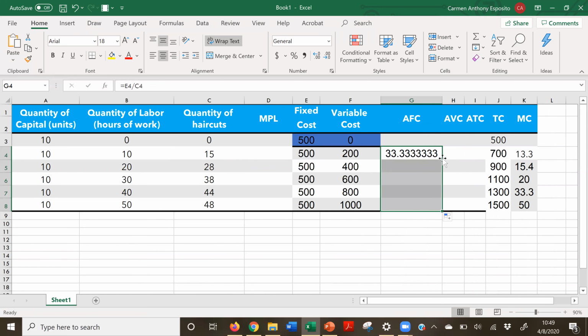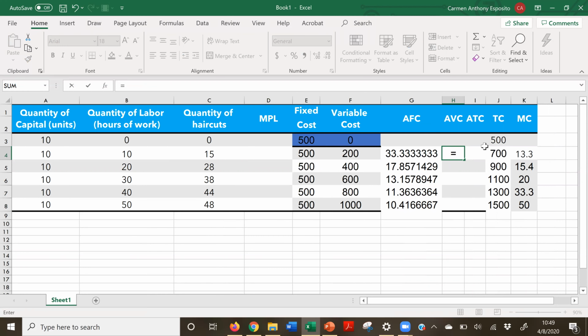And you notice that the fixed cost doesn't change, hence why it's called fixed, but quantity is increasing. So taking the same number divided by bigger numbers gives you smaller numbers. And then here, you can just take your variable cost and divide by the quantity.